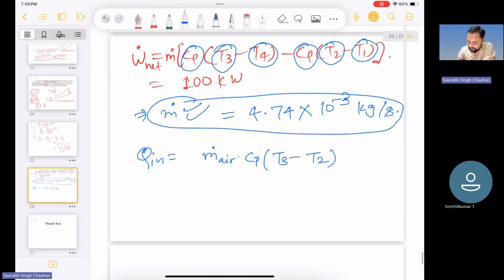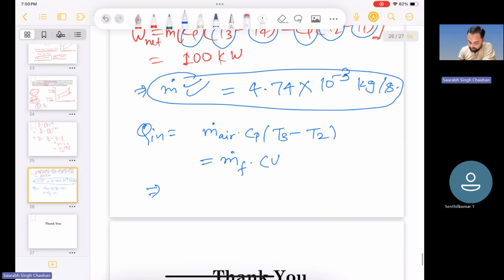This is the heat input, and it should be equal to the mass flow rate of fuel times the calorific value of the fuel.